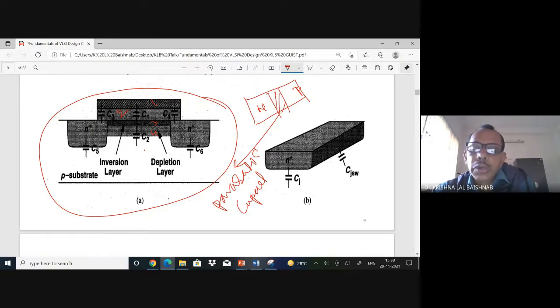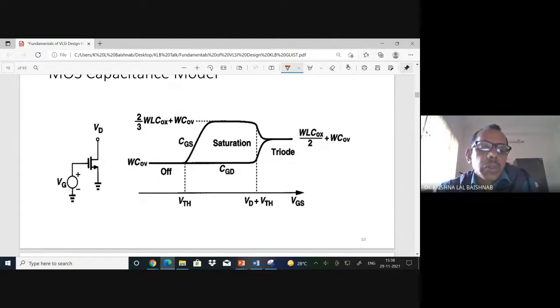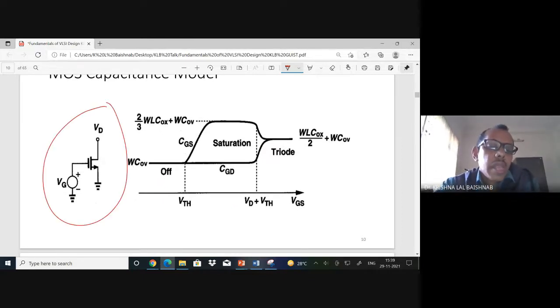So I need to have an equation also for that parasitic. The picture I showed you: if I have a MOS and I configure this, because VGS changes, the MOS operating region will be different. If VGS is less than this, it is in the off state. Off means this is saturation, this is the triode region.